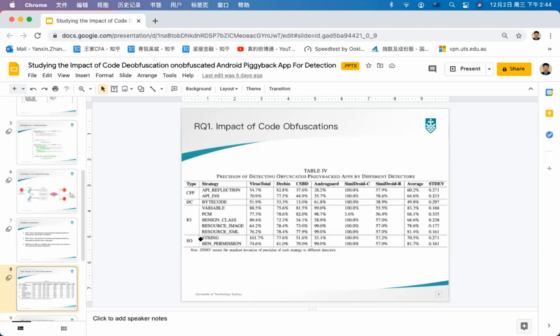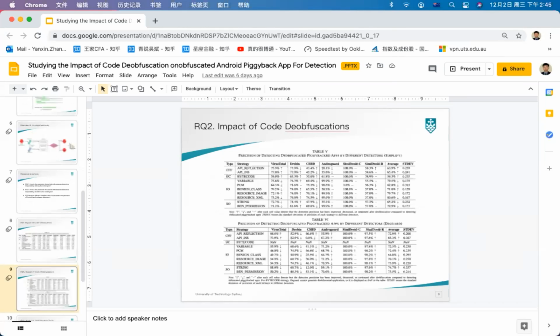If people encrypt the strings in the code, it actually helped VirusTotal detect Android malware. This is a very interesting finding, because it means that not all obfuscation strategies help the attackers evade detection.